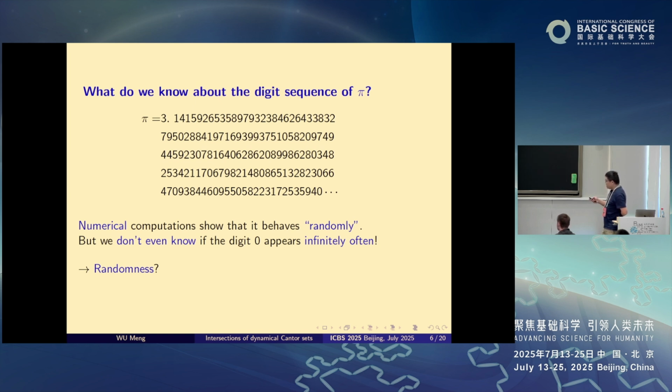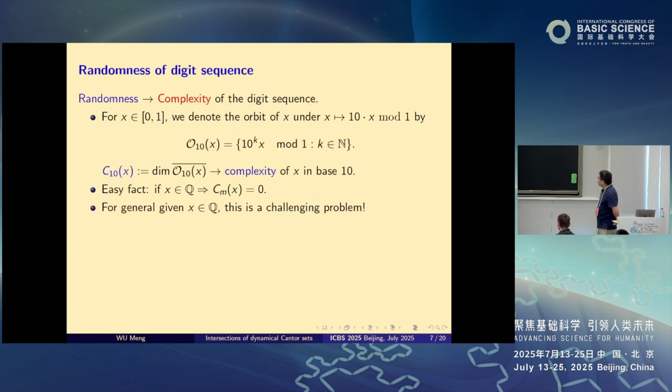Here we talk about randomness. In mathematics, one way to define the randomness of a digit sequence is, in dynamical systems, to define the complexity of a number. The digit sequence of this number is the coding sequence of the number under the times 10 map.